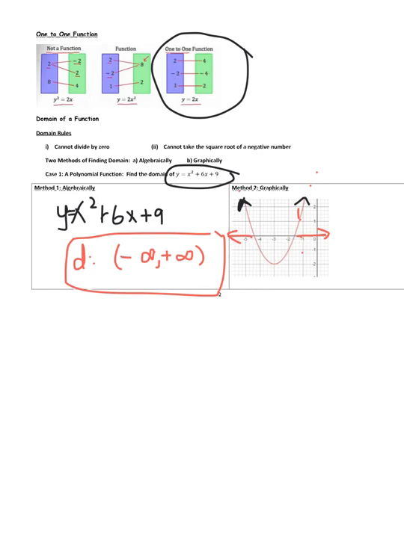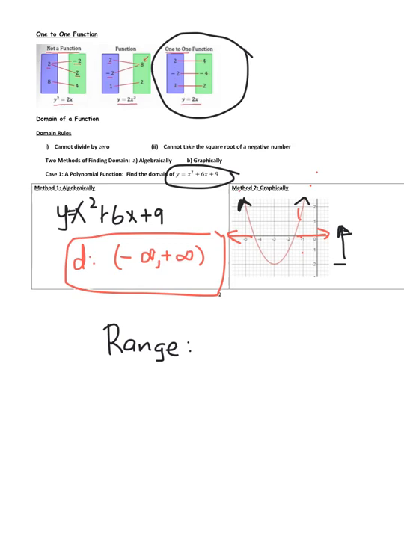And I can also do the range. So what is the range? For the range, we are focused on the y values. It's starting over here, going up. If I draw a line on the y-axis from -2, it's going to touch the graph somewhere.